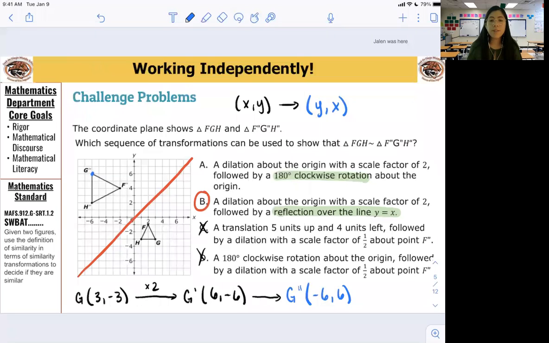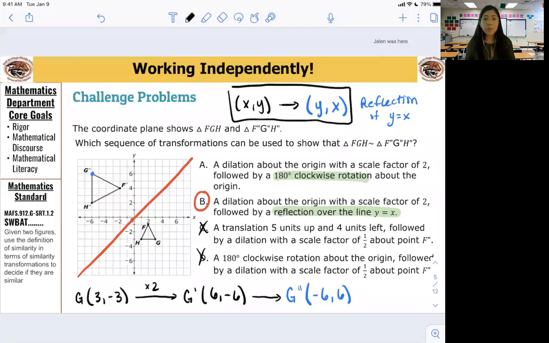And if you had memorized your rules, you would know that that is a reflection over y equals x. So see why those rules are really important to memorize, because if you were stuck on this question, if you weren't sure which one it was visually, you can always check mathematically.